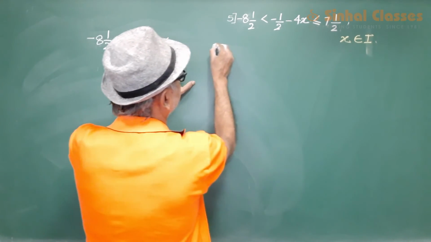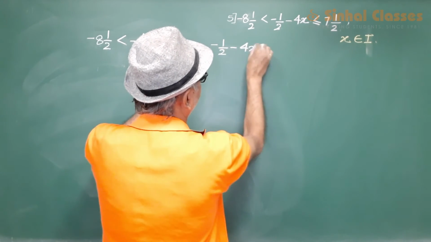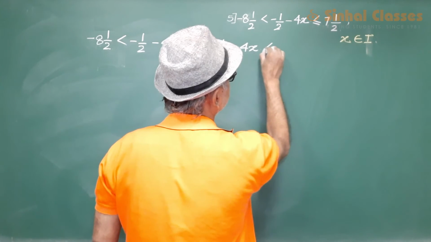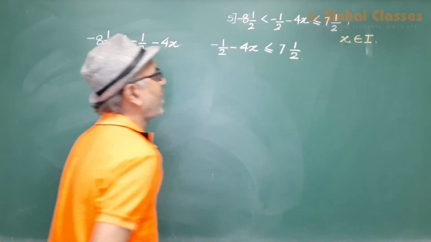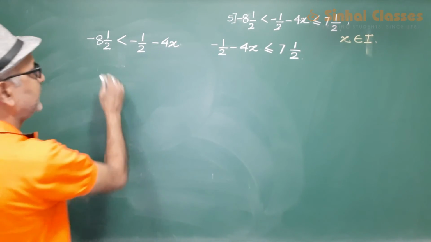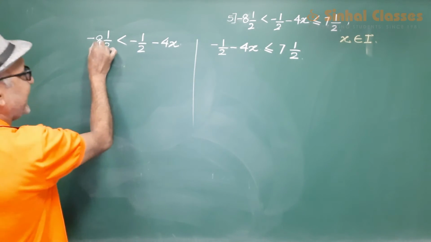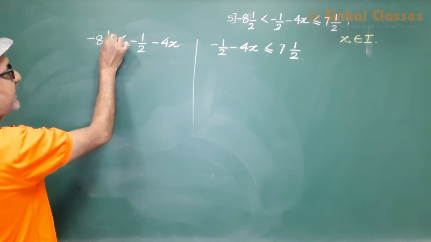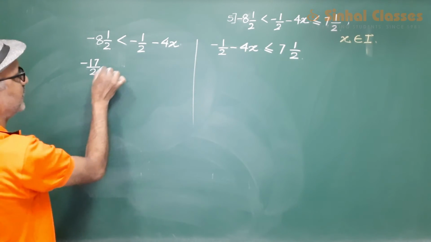On the other side, minus half minus 4x lesser than or equals to 7 and a half. This is what we have. Let us solve the first part. 8 2s are 16, 16 and 1, 17. Minus 17 upon 2.